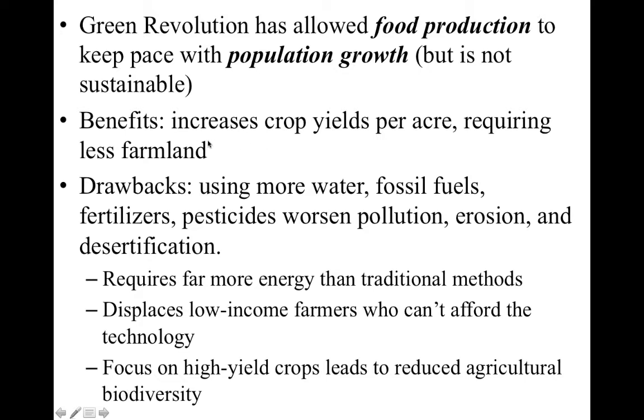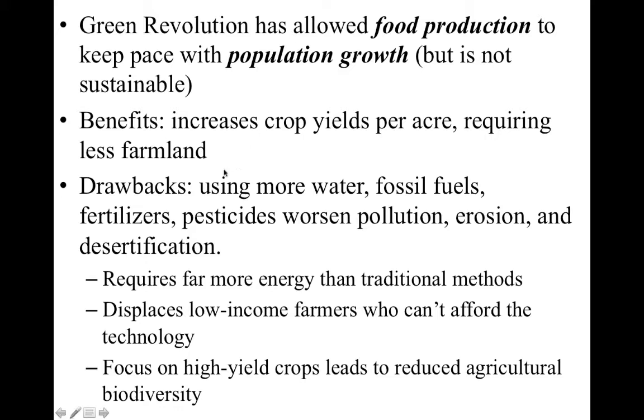The benefit is that with the Green Revolution, they're getting more yield of food for every acre, and this will require less farmland. Turning land into farmland is also something that's bad for the environment, so this is a benefit not just to mankind, but also to other animals.